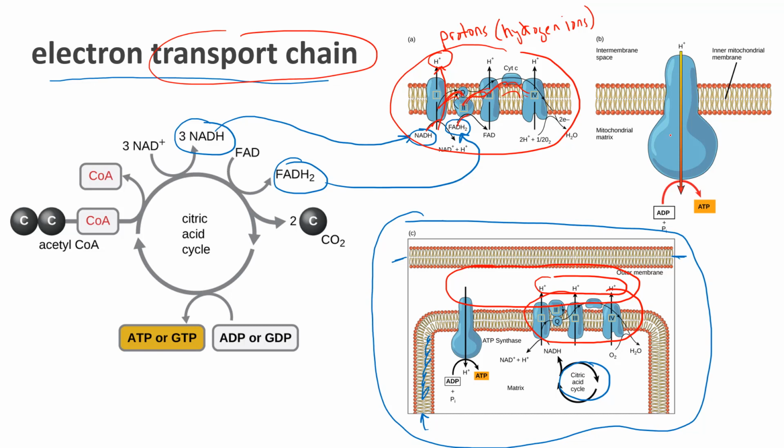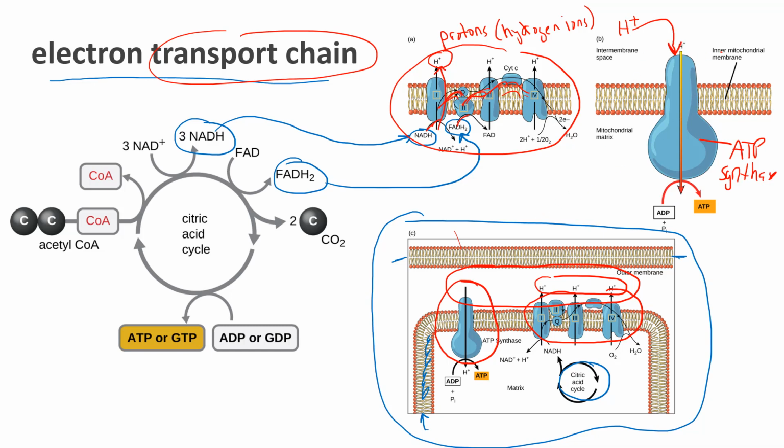The turbines are these special proteins called ATP synthase. ATP synthases are embedded in the inner mitochondrial membrane, and they allow the hydrogen ions to flow through them down the concentration gradient.